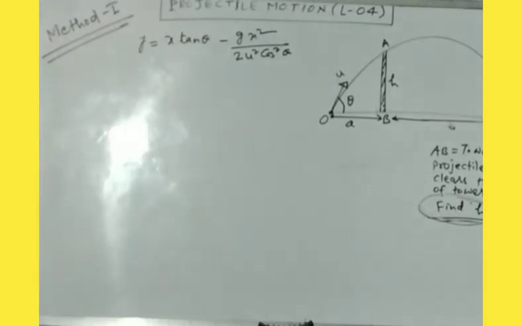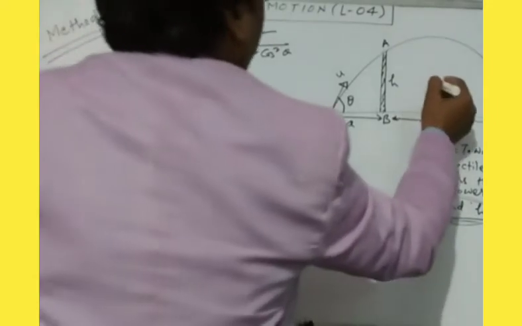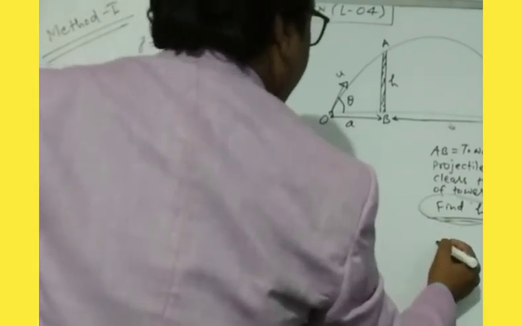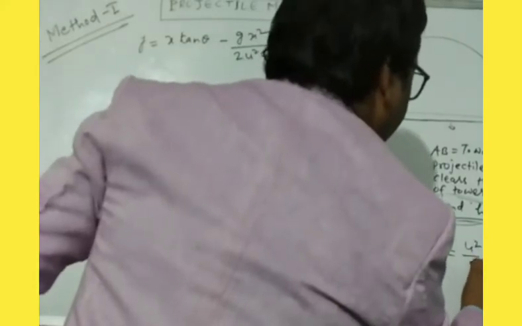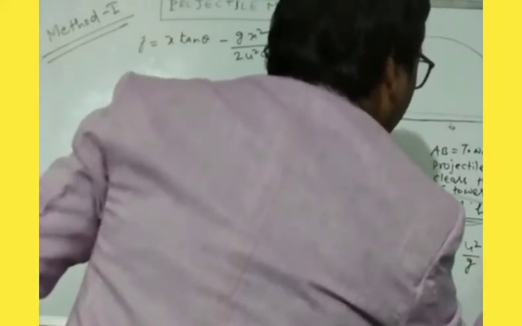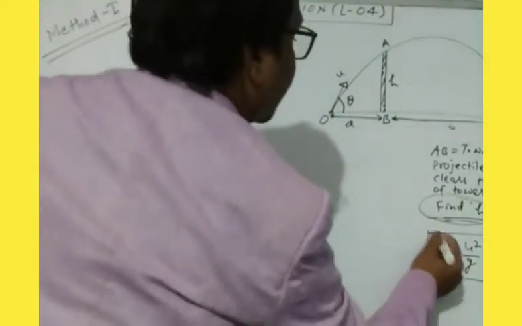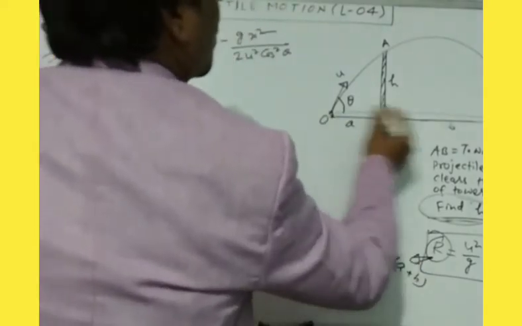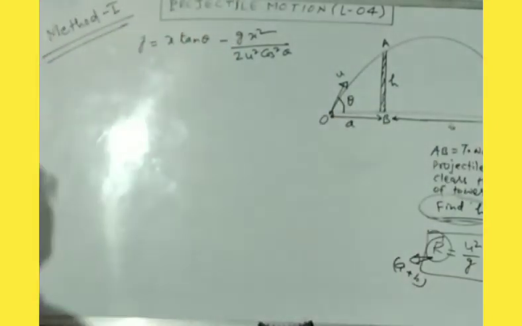And also we know the range of projectile, that means O to C, that means a plus b. So we know range is given by the formula u square by g sine 2 theta, and this R is equal to a plus b. Range is from O to C, so OC is the sum total of a plus b.